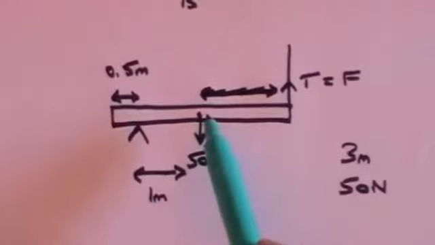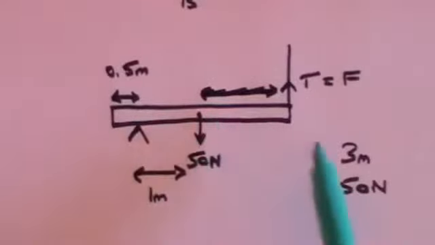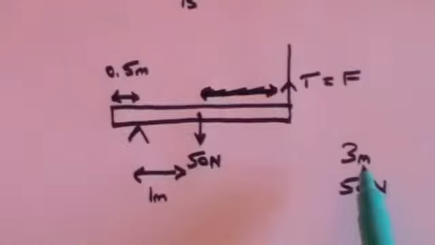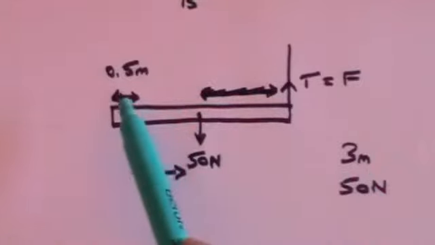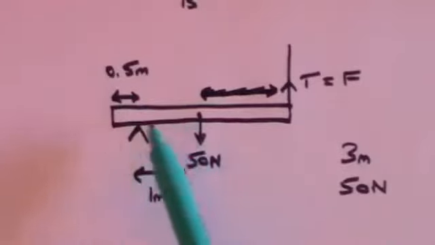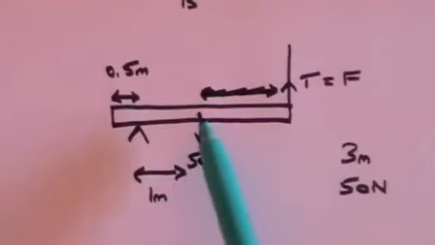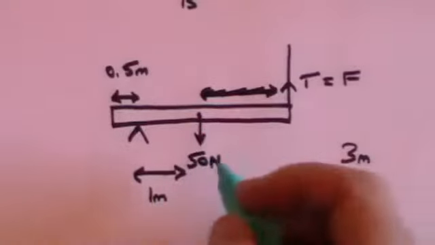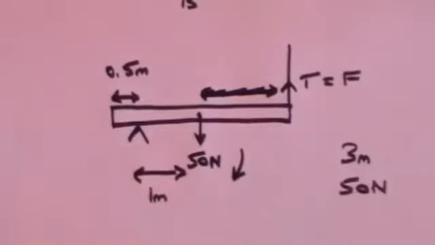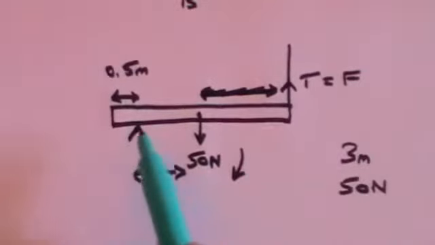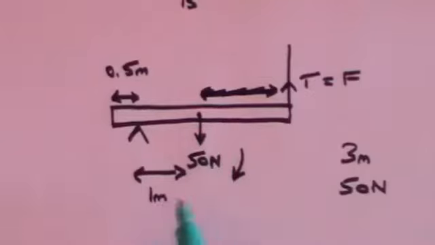I'll say that again. The centre of mass is at the centre of the girder, which means 1.5 meters from each end. But since the pivot point is 0.5 meters from the end, that means that the distance from the pivot point to the centre of mass is only 1 meter. So the force acting down, causing the girder to pivot around this pivot point, is 50 newtons times 1 meter.